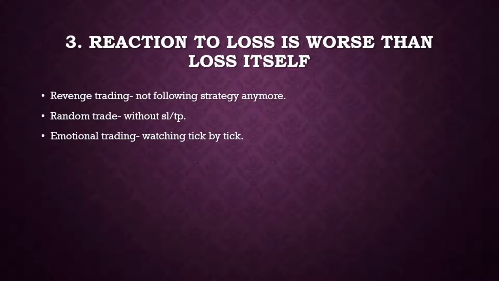And when you watch tick by tick, your emotions come out in every tick. Let's say it's going in profit. Two types of emotions can come your way. One is greed, that you want more. Another that can appear is fear, because you don't want to lose what you have already gained, right?